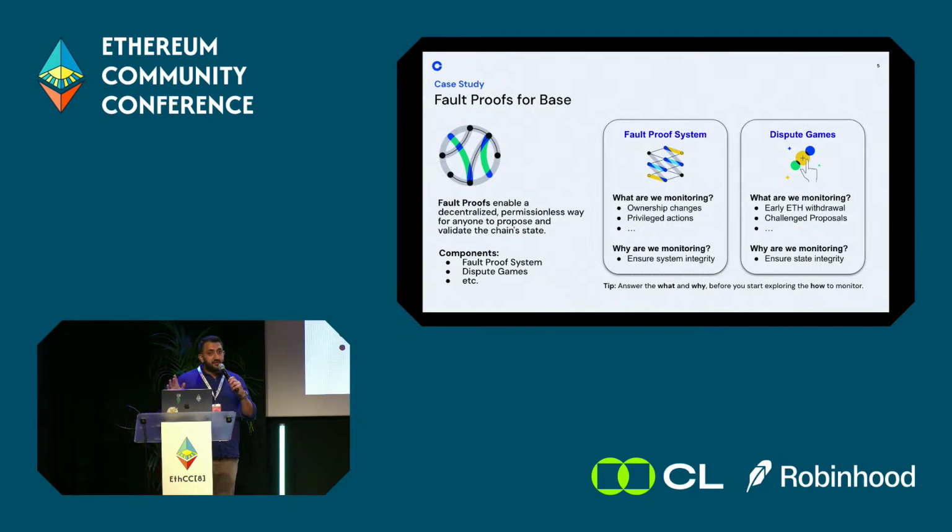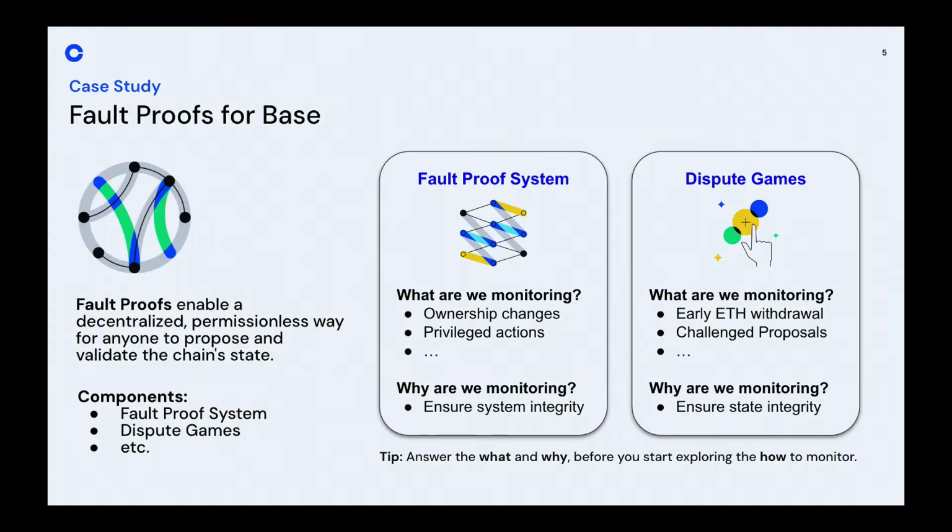To answer the what-are-we-monitoring question for each of these components, I'm going to start with the fault proof system. We are monitoring for ownership changes and privilege actions. These are the contracts where we make sure no ownership change happens that we are not aware of. And we are also monitoring the functions with access control that perform privileged actions.